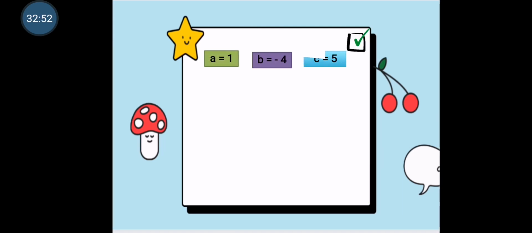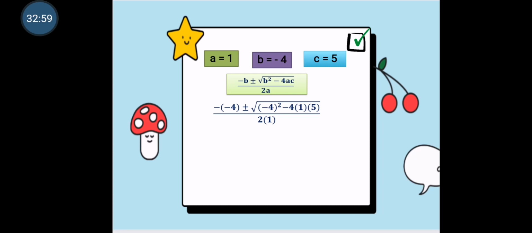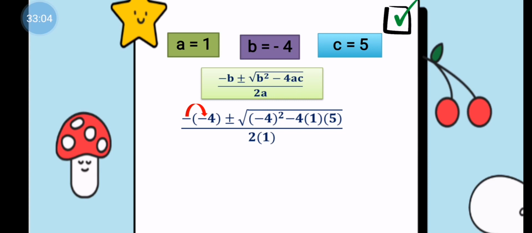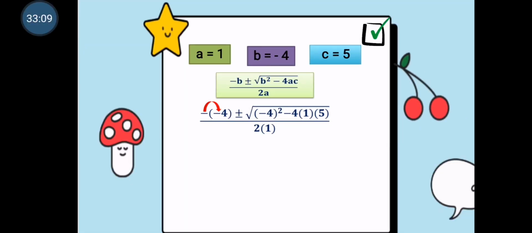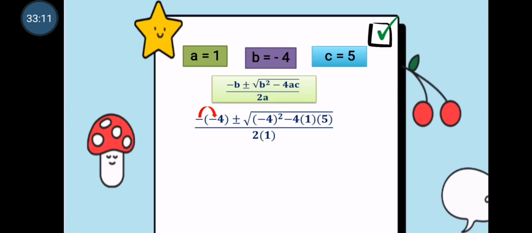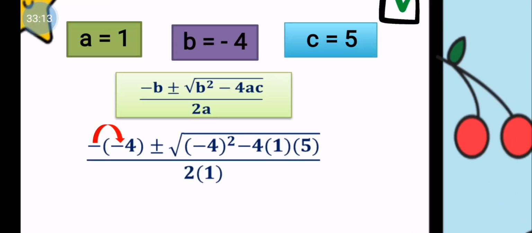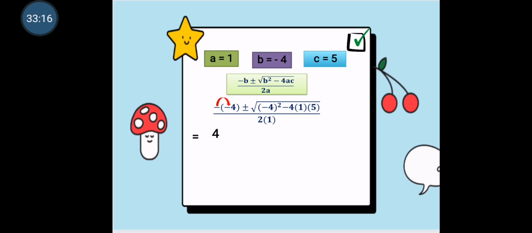So, ito po yung values ng quadratic, linear, and constant term. Substitute po natin sa quadratic equation. So, negative times negative 4 is positive 4. And then, plus minus, negative 4 times negative 4 is positive 16.